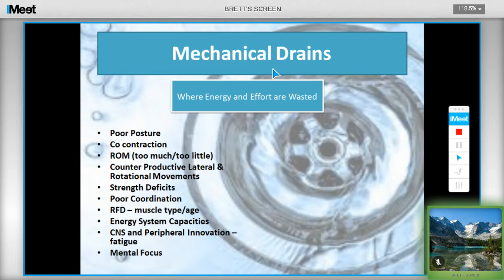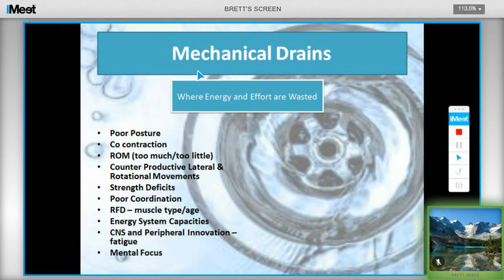Co-contraction is another issue that comes up quite often, and this is where tightness and stiffness can prevent one muscle group relaxing while the other one is contracting, and that can cause a mechanical inefficiency within the muscle tissue or between muscle groups. Range of motion, sometimes too much is just as bad as too little. Running really needs to have a bit of stiffness about it.